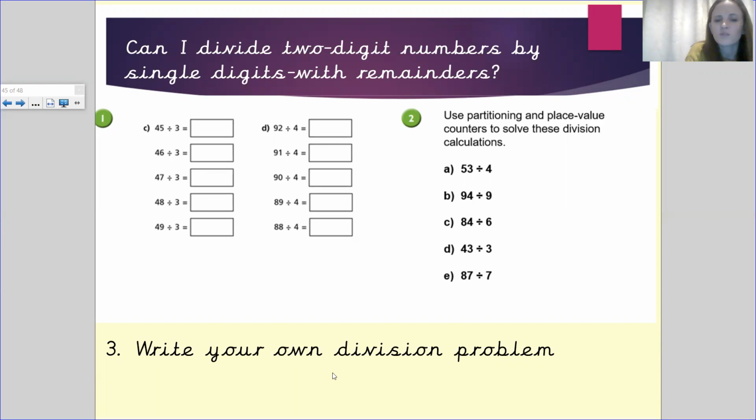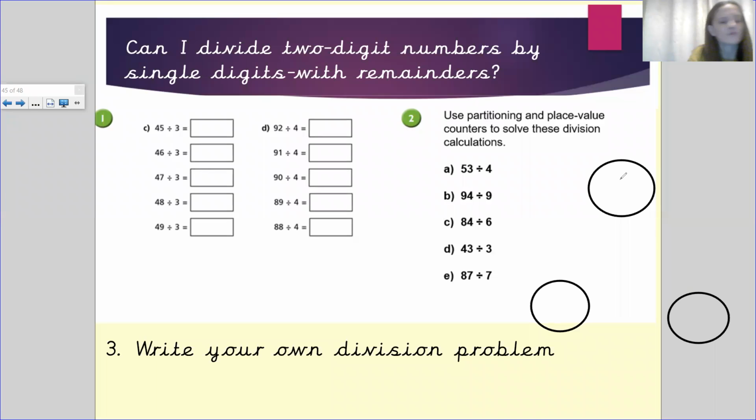So with the partitioning, I will show you very briefly. The partitioning would be that we break the number into something that we can divide. So let me draw.